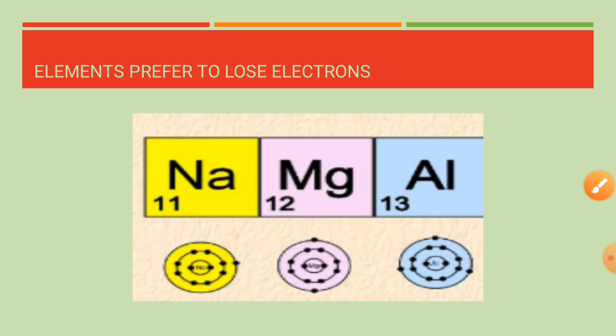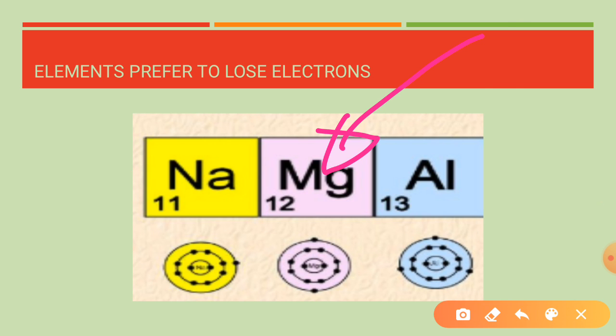Now if we talk about magnesium, the inner is 2, then 8, and the outermost only has 2 electrons. How many electrons does it need? It needs 6 electrons.